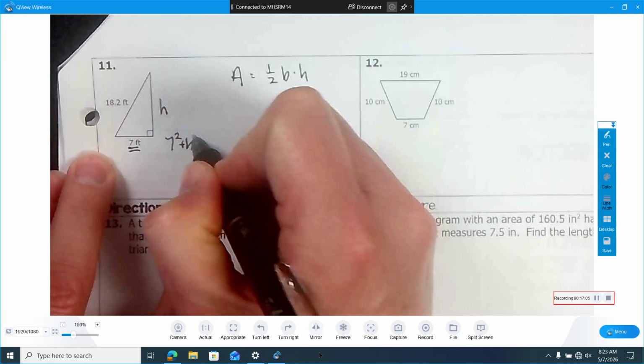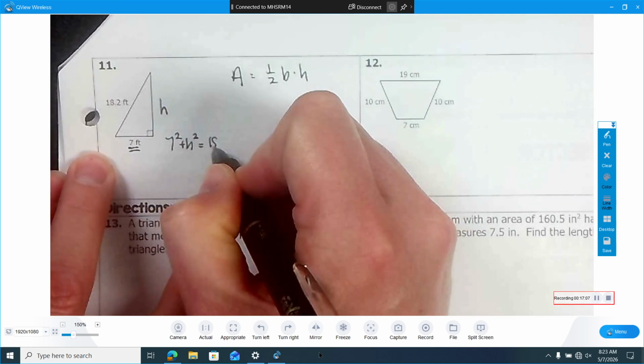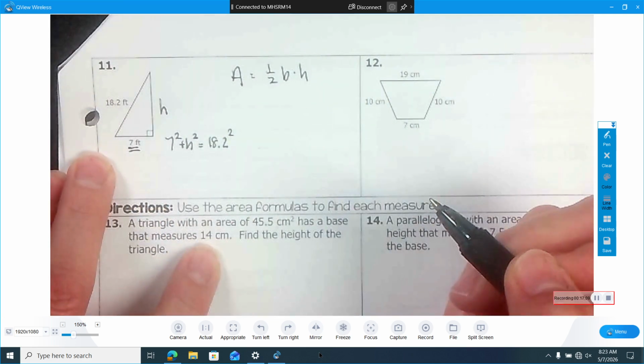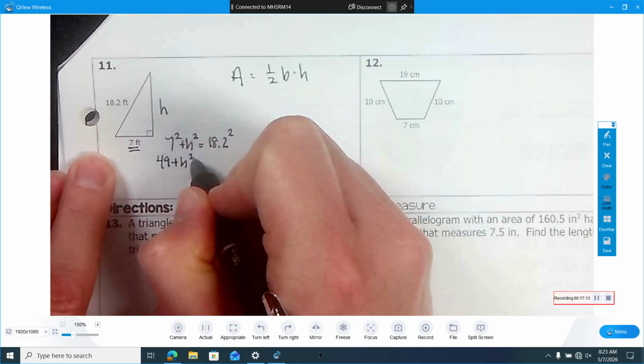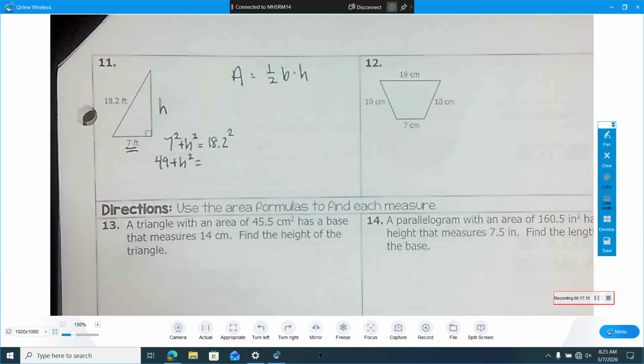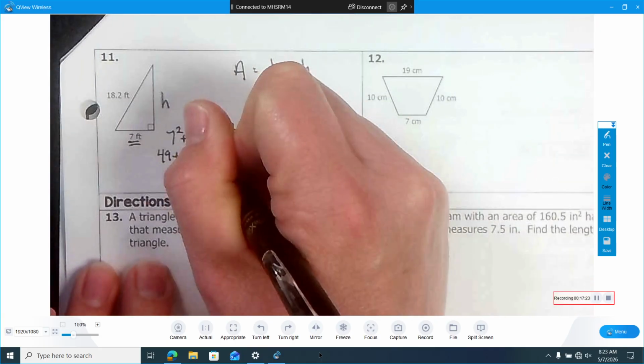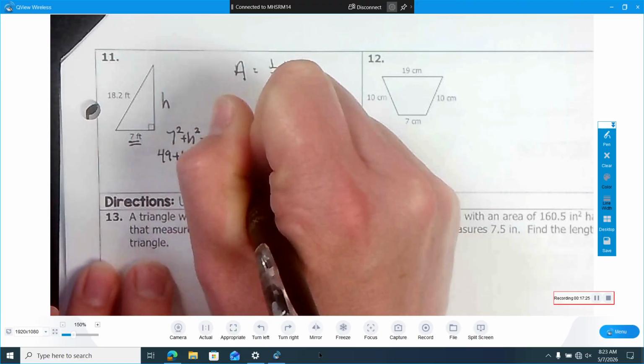7 squared plus the height squared equals 18.2 squared. So let's see, 49 plus our height squared equals 18.2 squared. All right, that is 331.24.